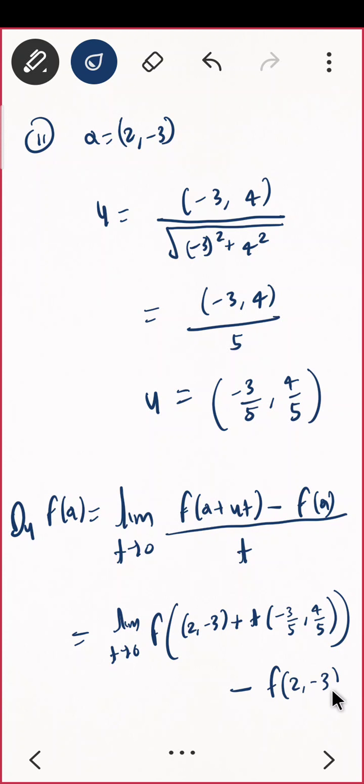You can also find it separately and then substitute, that is acceptable. First coordinate: 2 minus 3 upon 5, so 5 twos is 10, 10 minus 3 is 7.